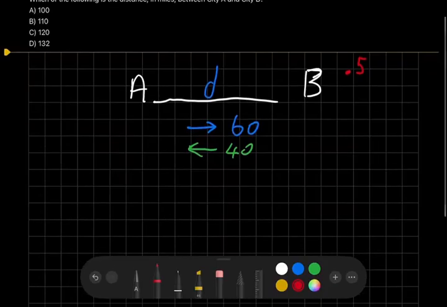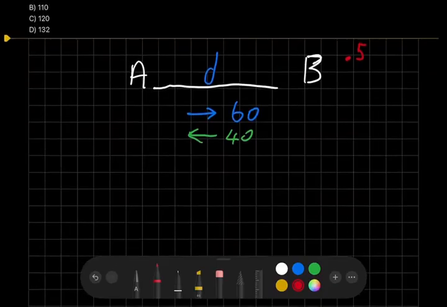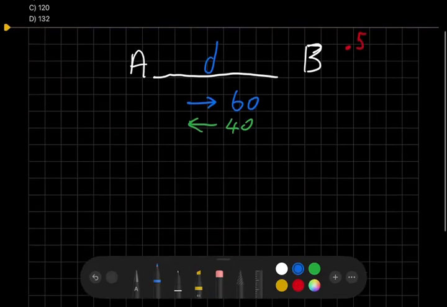So let's create our equation from that. We want to figure out the distance, how long this line is, the distance between A and B. So we're going to use the time that we traveled to figure out how far we traveled.